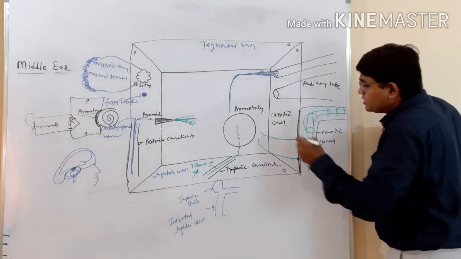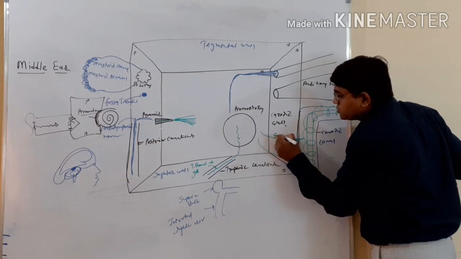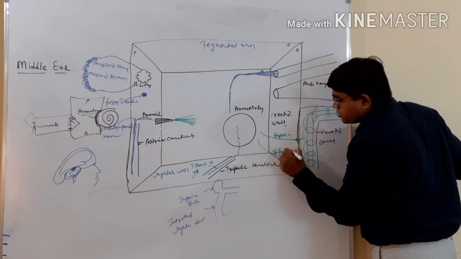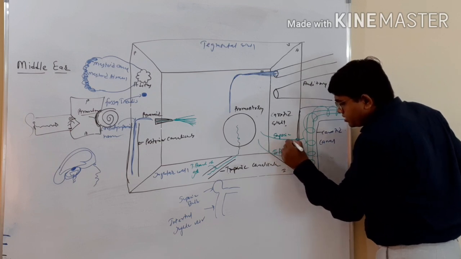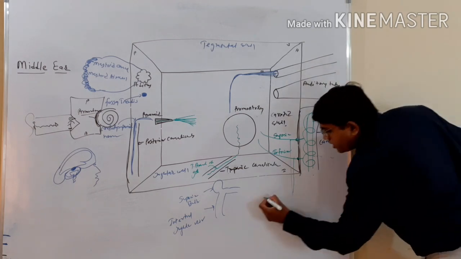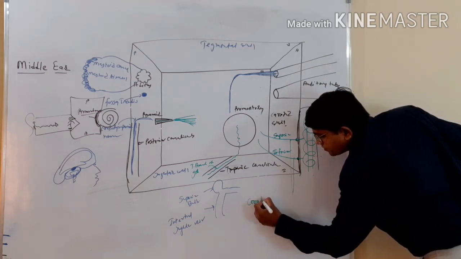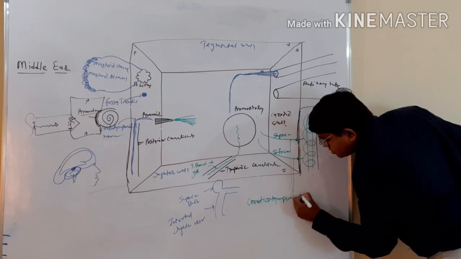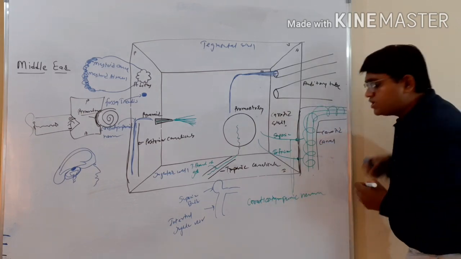These are the superior and inferior caroticotympanic nerves.